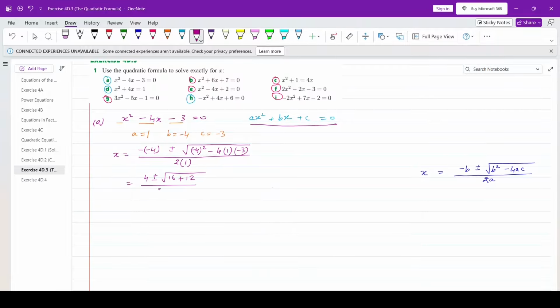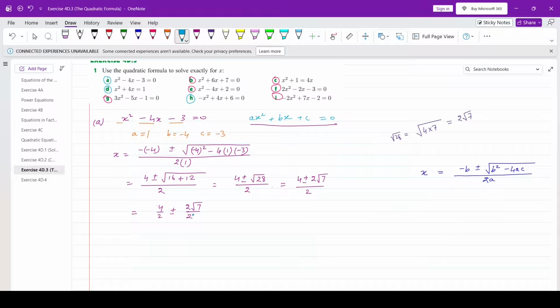And this is equal to positive 4 plus or minus the square root of 16, since (-4)² is 16, plus 12, divided by 2. And if we solve it further, we get (4 ± √28)/2. Now this √28 can be written as √(4 times 7), and if we take this 4 out of the root, we get 2√7. So this becomes (4 ± 2√7)/2, which is 4/2 ± 2√7/2.